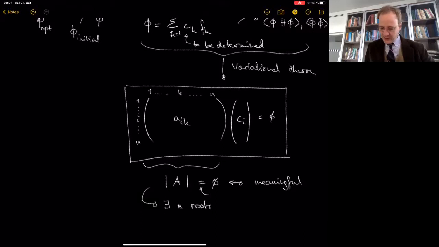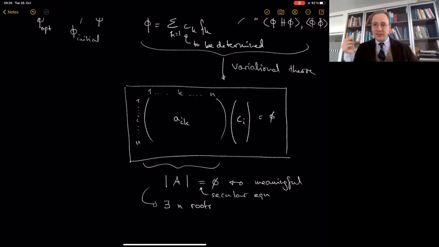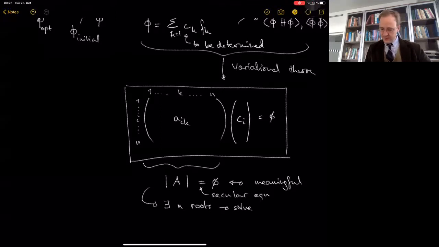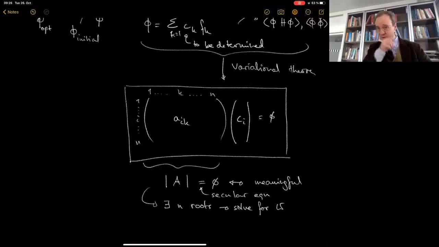Now this equation we call the secular equation, or characteristic polynomial. There are n roots for this, and we can use them to solve for our energy W. And now we do this n times.